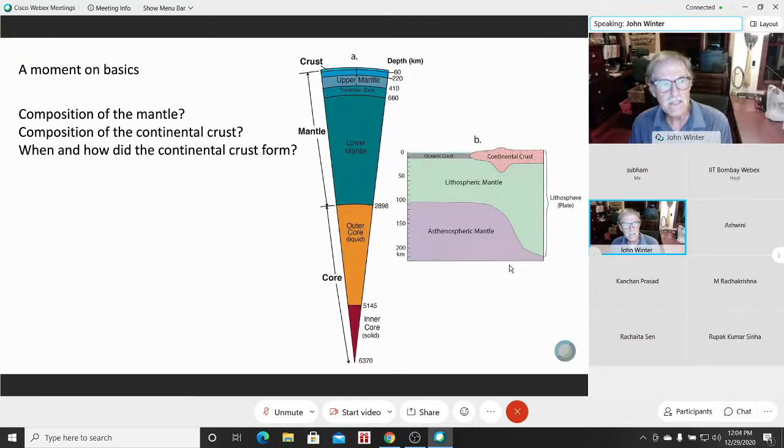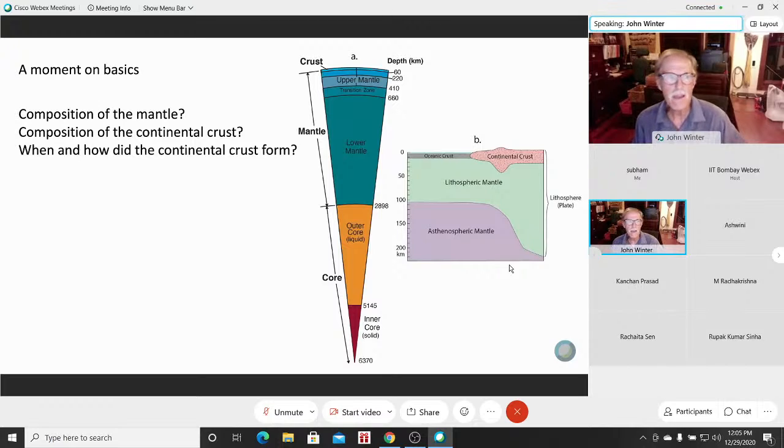And then the question is, when and how did the continental crust form? This is what I'm pretty sure Dr. Rawlinson will be talking about shortly. But what I can say right now is that this continental crust did not form all at once during the Hadean to Archean episode in which the silicate Earth separated from the core.